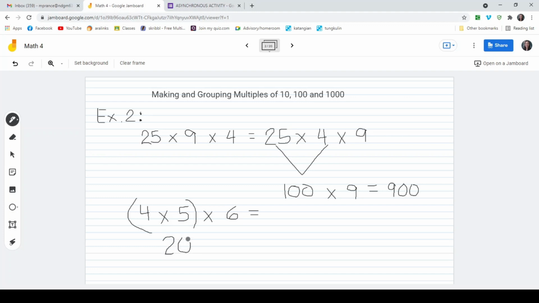Then we can apply a special product to it. 20 times 6, we have 120 as the product. So in that way, we can get the product mentally without computing on any piece of paper.